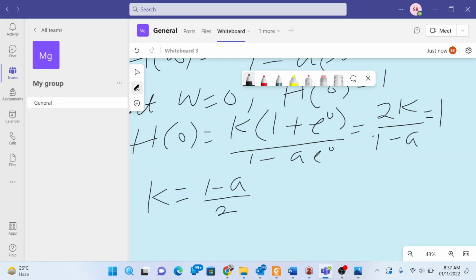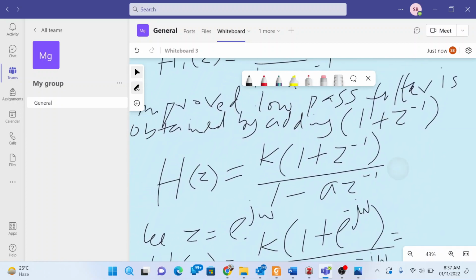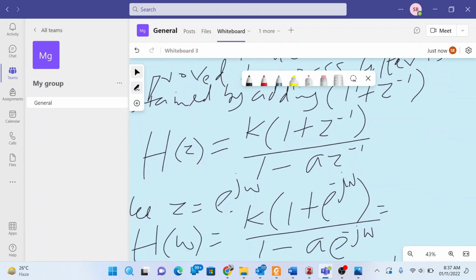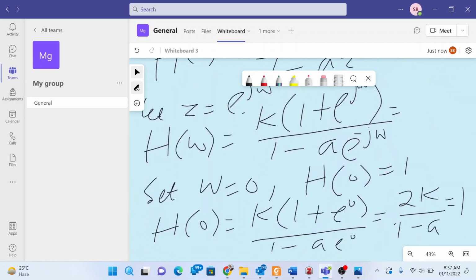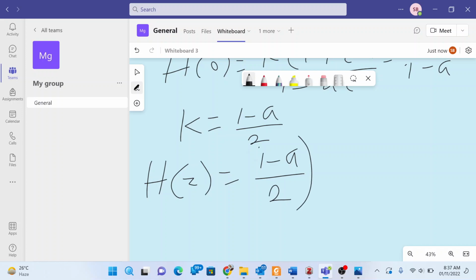So if we now put K back into the initial equation of the low pass filter, H of z is going to be 1 minus a all over 2, times 1 plus z inverse over 1 minus a z inverse.